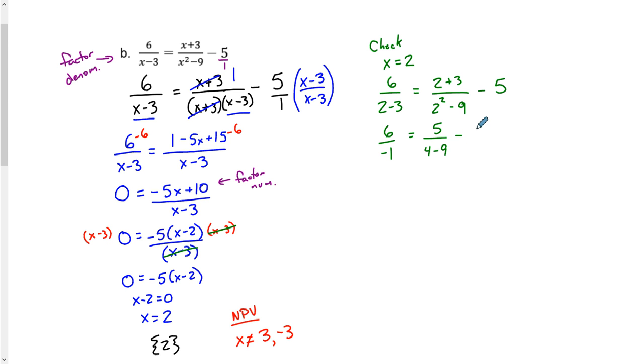Subtracting 9, we're going to subtract 5. 6 divided by -1 is -6. 4 subtracting 9 is -5. 5 divided by -5 is -1. And -1 subtracting 5 is -6. So since it works out, that means that 2 is the correct answer.